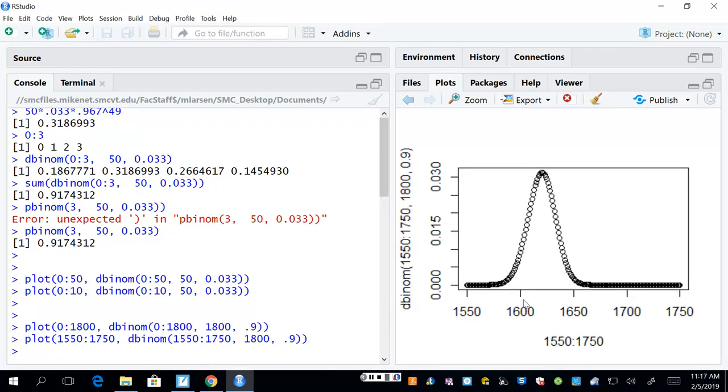But that's what the probabilities look like. Each individual probability is not so high because there are a lot of different possibilities. But it's very symmetric once you get this large number of observations. 1,620 is here, kind of in the middle.